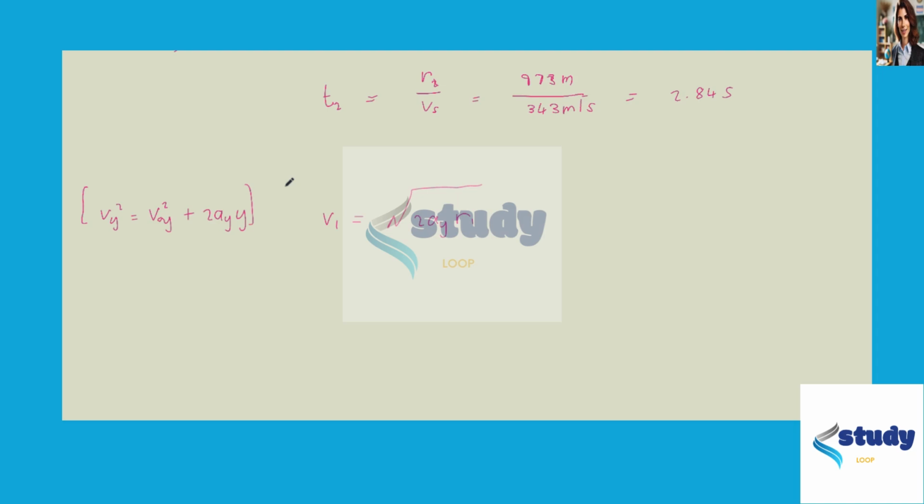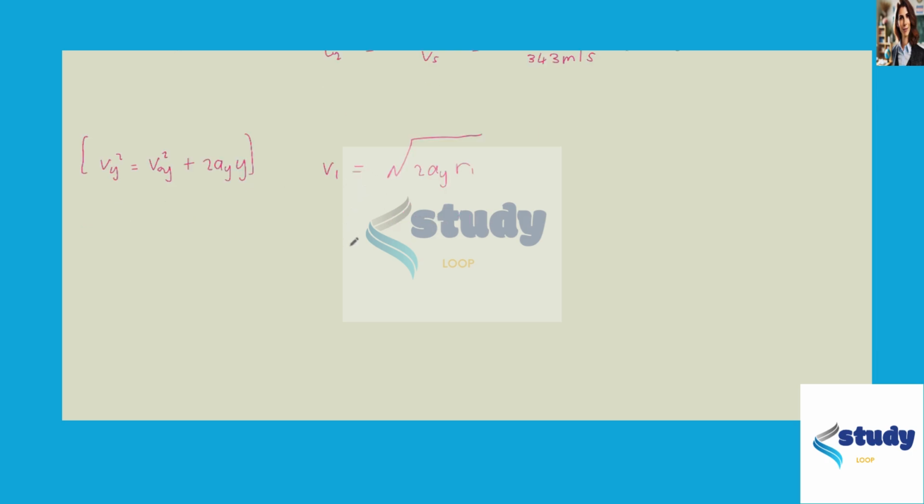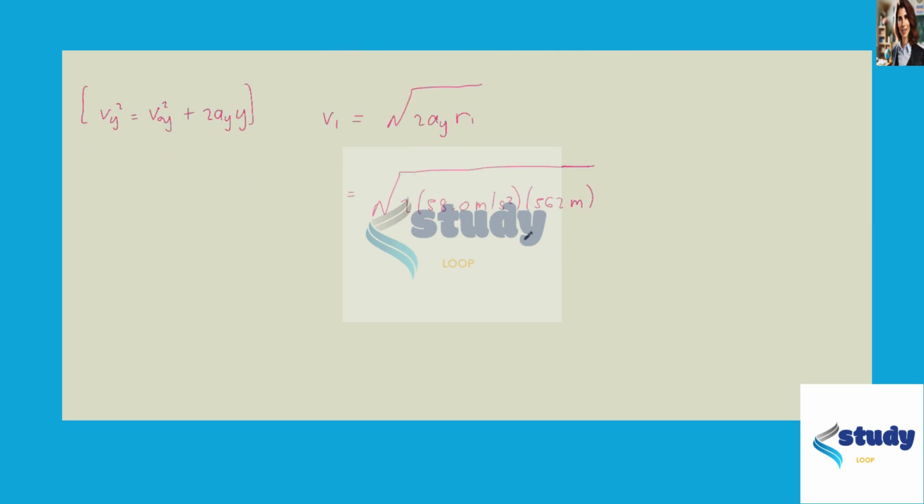We rearrange this equation and have an expression for v1. Now we have these values, so we can put them into this equation. That's 2 times the given acceleration of 58 meters per square second, and r1 is 562 meters, which gives us the value for v1 to be 255 meters per second. So that's the speed of the rocket at position 1.